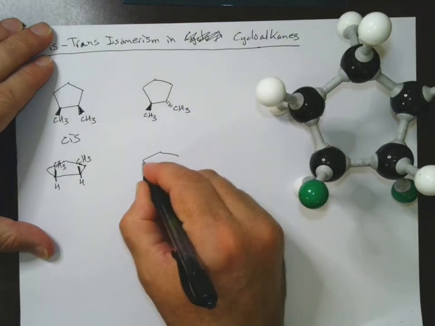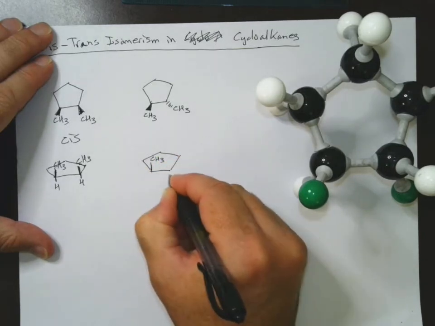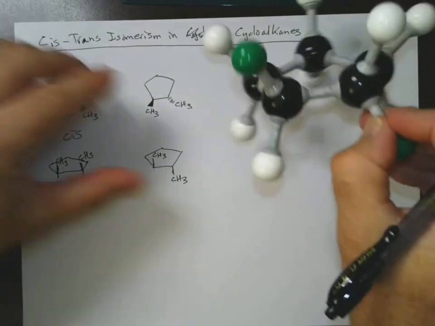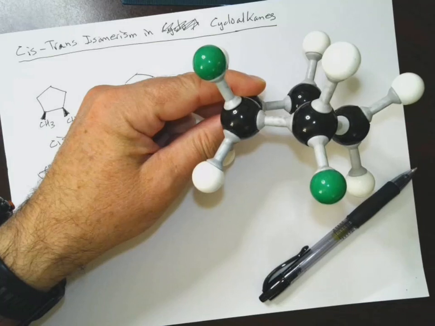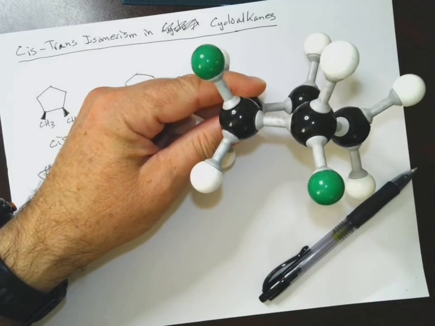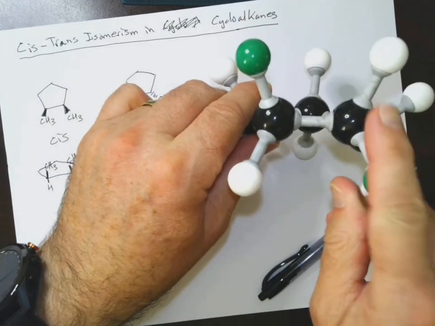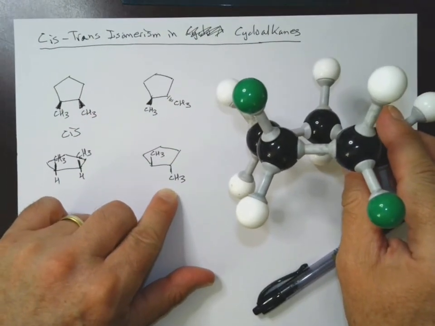And if I draw it looking at it on the edge, I've got one pointing above the plane and one pointing below the plane, and that is trans.